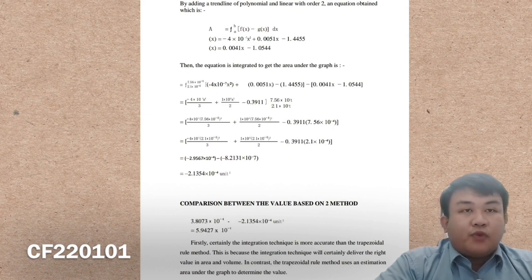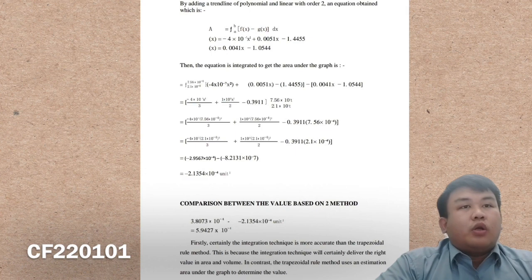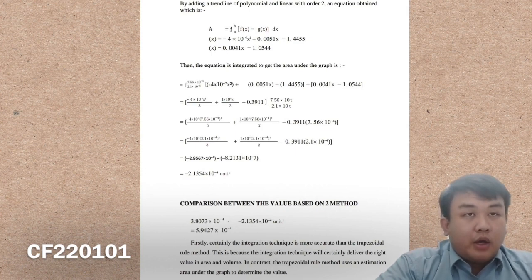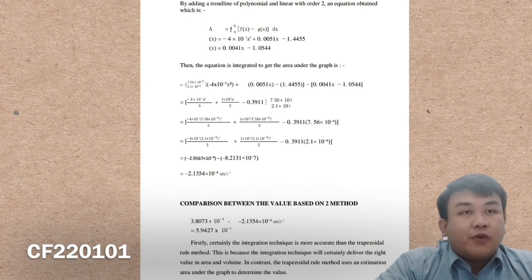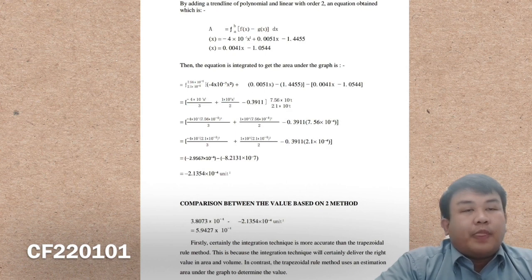Then we put the information we got into the formula, and we got the boundary from 7.56 times 10 to the power of negative 4 until 2.1 times 10 to the power of negative 4.